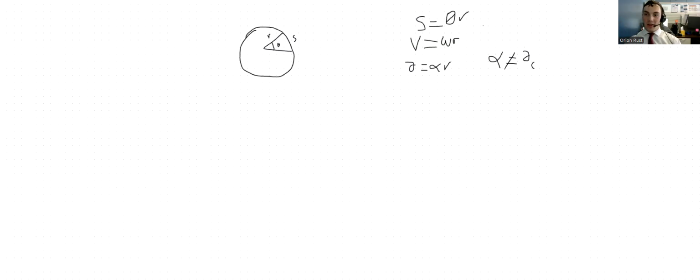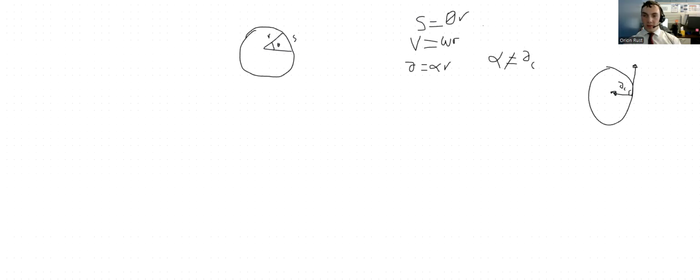Now, it's something that you can write, and the vector points towards the center. For example, if you have an object on a string that you're twirling above your head, the acceleration points towards the center, whereas the velocity is perpendicular to that.